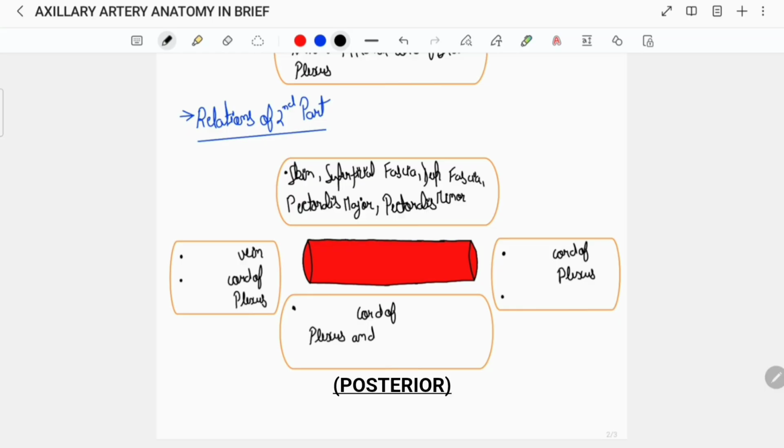Posteriorly, the second part of axillary artery is related to the posterior cord of the brachial plexus and to the subscapularis.